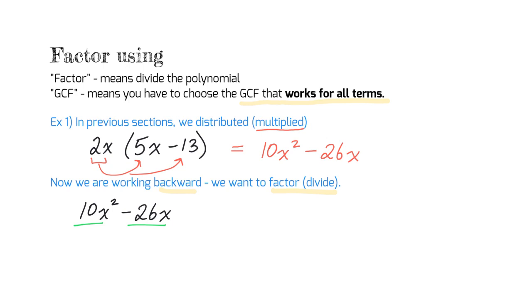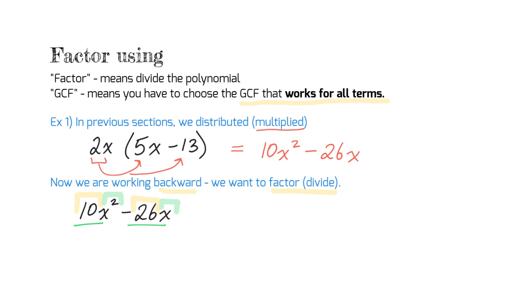This means I have to pay attention to two parts. I have to find the GCF of the number or the coefficient of each term, and the GCF of the variables for each of these terms. Again, when I'm looking for GCF, I'm looking for a term that works for both of these things.